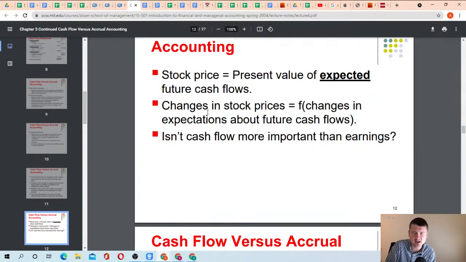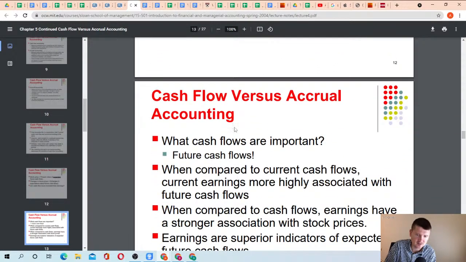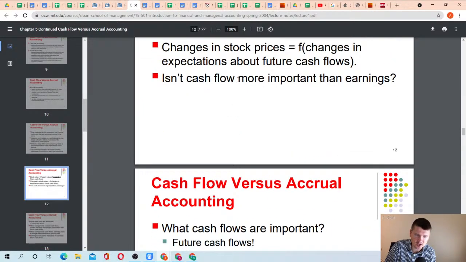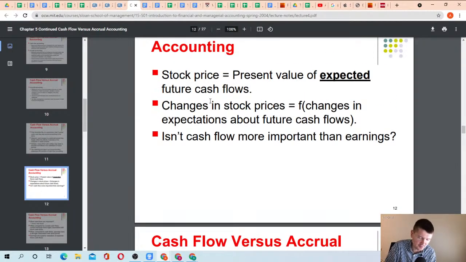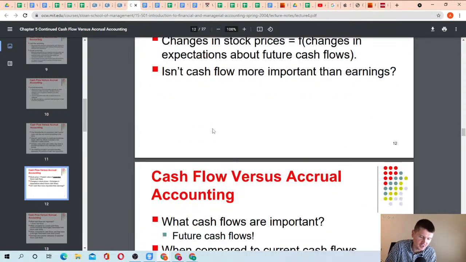But if you look at how the stock market reacts, the earnings numbers are usually based on accrual basis, and that's why it's a good field for discussion: which one is more important, cash flow or accrual basis.